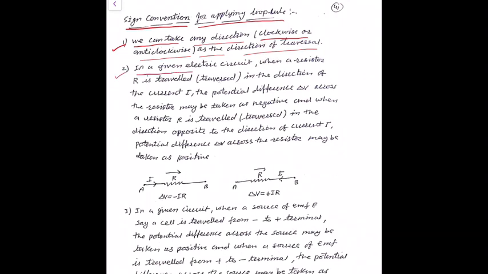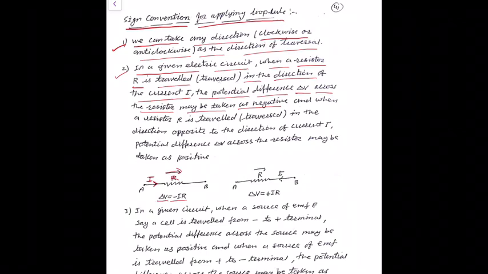Second, in a given electric circuit, when a resistor R is traversed in the direction of the current I, that is, the direction of current I and the traversal direction of R are both the same, the potential difference delta V across the resistor is taken as negative. So delta V is equal to minus IR.